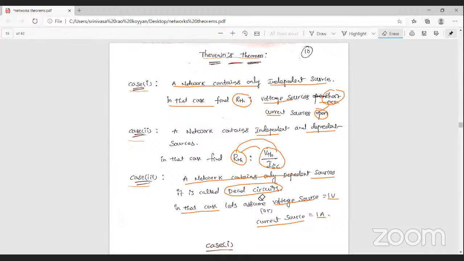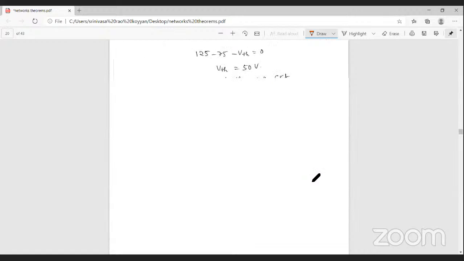To find the Thevenin's resistance, let us consider a voltage source of 1 volt or a current source of 1 ampere. We take either a 1 ampere current source or a 1 volt voltage source and find the Thevenin's resistance. That is the case 3 problem, the only dependent sources problem.